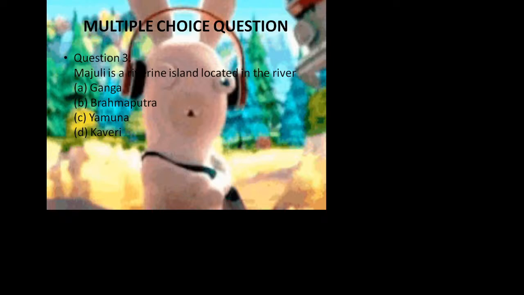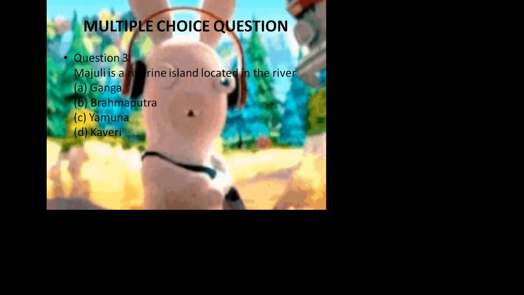Now children, my next question is, now the third question is, you can see, Majuli is a riverine island located in the river?